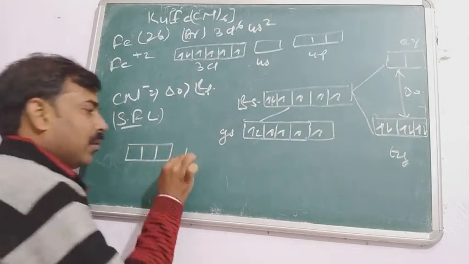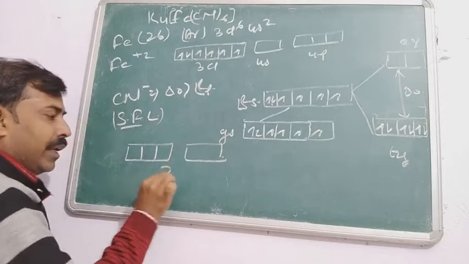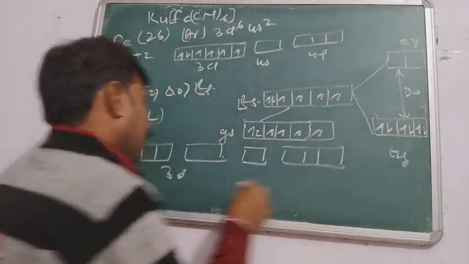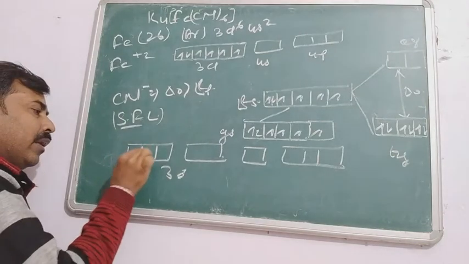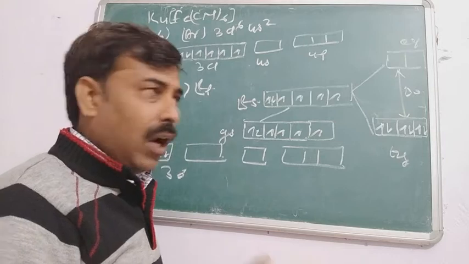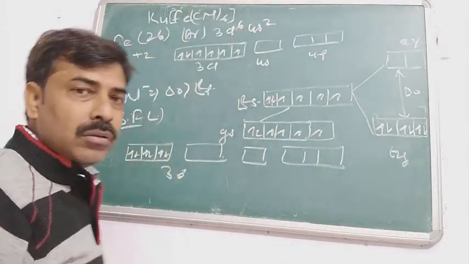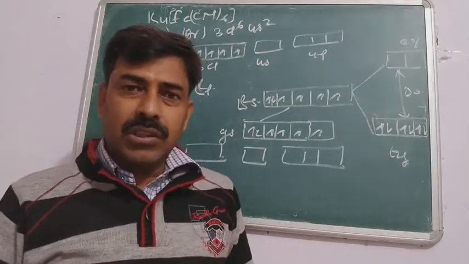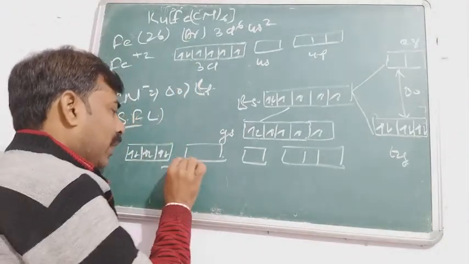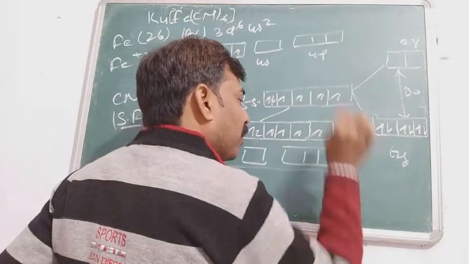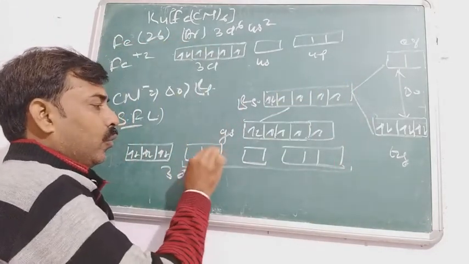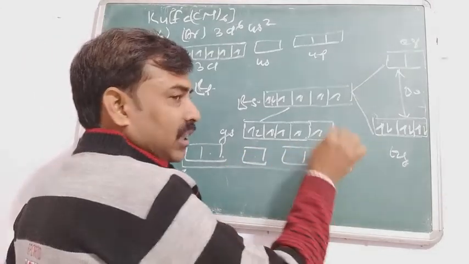So I am showing the 3d, 4s and 4p. The electrons are in the t2g. There is no electron in the Eg. Now you will see how many ligands there are. There are 6 ligands, which suggests that 6 vacant orbitals are needed for coordinate bond formation, and we have counted 1, 2, 3, 4, 5 and 6.